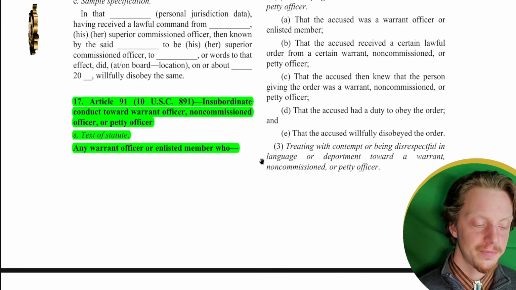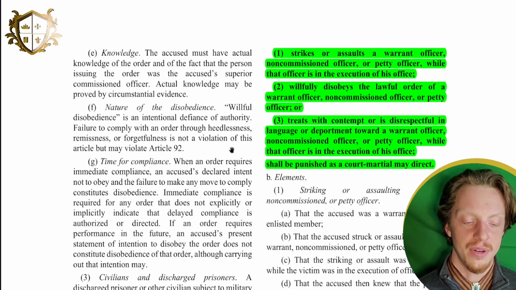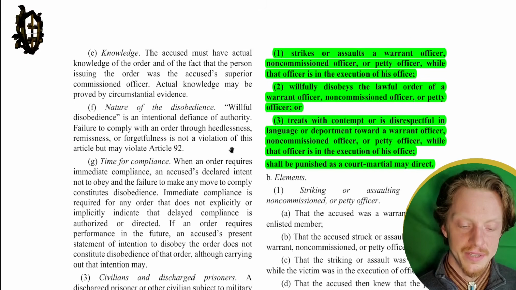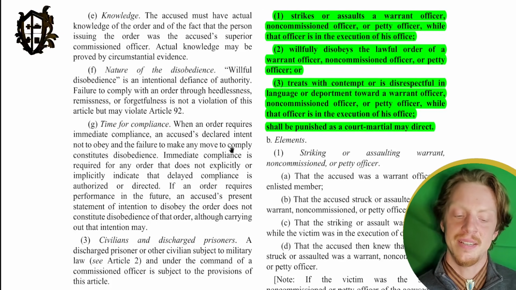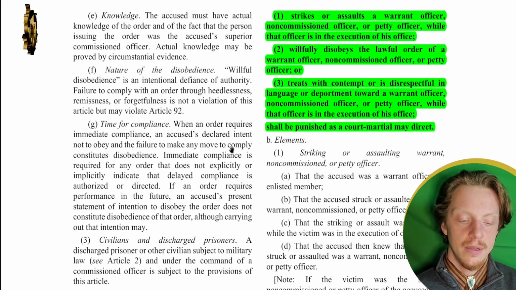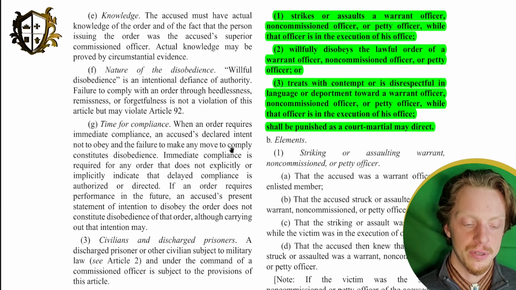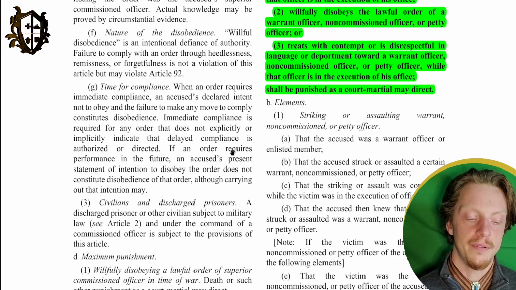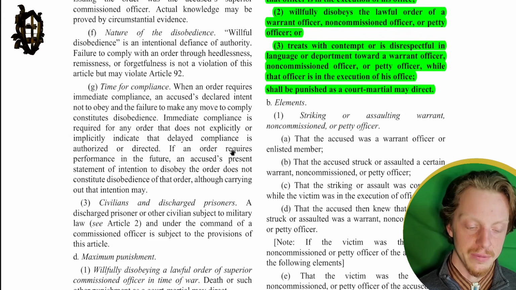Text of statute: any warrant officer or enlisted member who 1, strikes or assaults a warrant officer, non-commissioned officer, or petty officer while that officer is in the execution of his office; 2, willfully disobeys the lawful order, notice it doesn't say unlawful order or just any order, it says the order has to be lawful, of a warrant officer, non-commissioned officer, or petty officer; or 3, treats with contempt or is disrespectful in language or deportment toward a warrant officer, non-commissioned officer, or petty officer while that officer is in the execution of his office, shall be punished as a court-martial may direct.